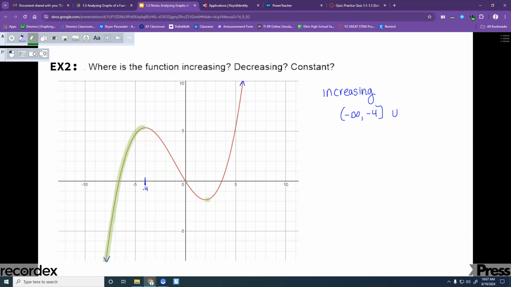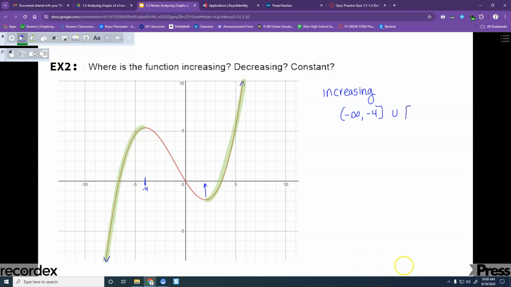So that other increasing part's over here. And so where does that second increasing part begin? 2 up to infinity. When you say negative 2, you're looking at the wrong thing, because the only time you're going to look at the y-axis is for range. So if it asks increasing, decreasing, positive, negative, any of those things, we're looking at the x-axis.